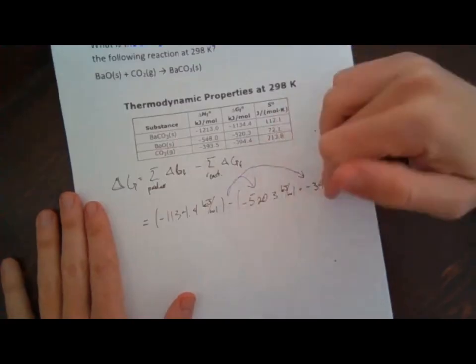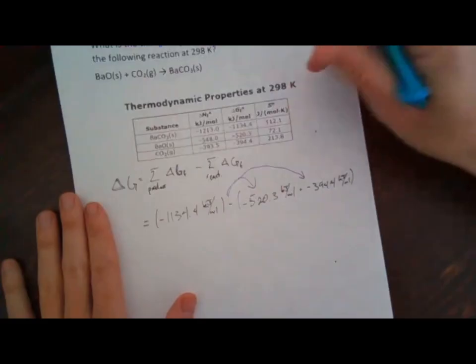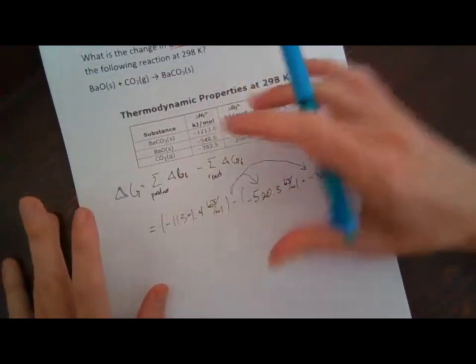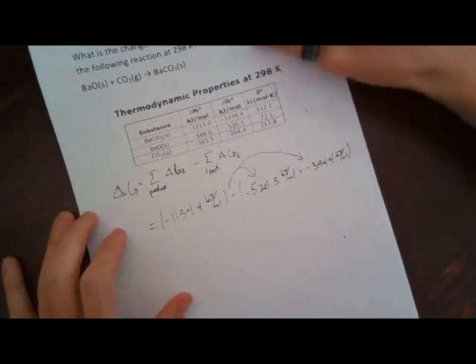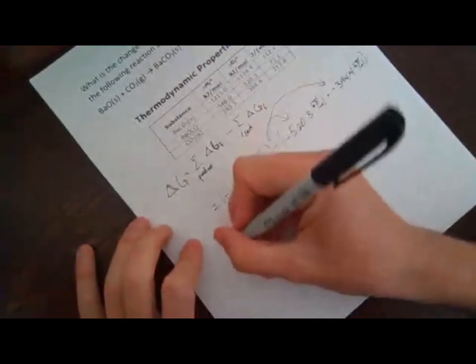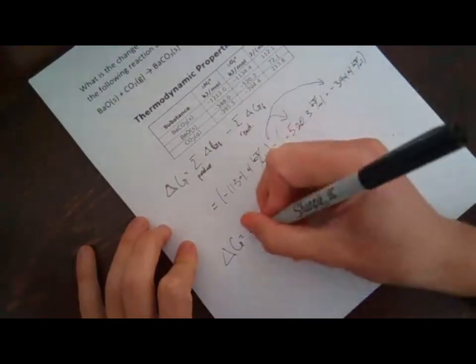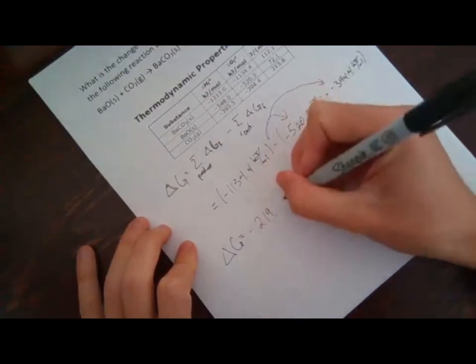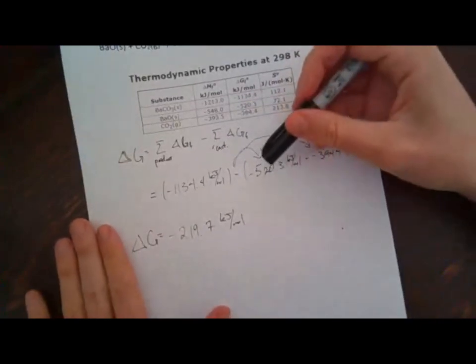This is going to be a negative number, so you're subtracting a negative number, functionally adding. You just want to be mindful. That's a really easy place to make mistakes that have nothing to do with chemistry, but cause some issues with getting the right answer. But we can combine those together. Delta G is equal to negative 219.7 kilojoules per mole, and that's the delta G for the reaction.